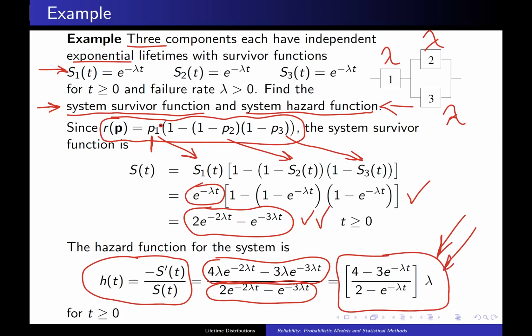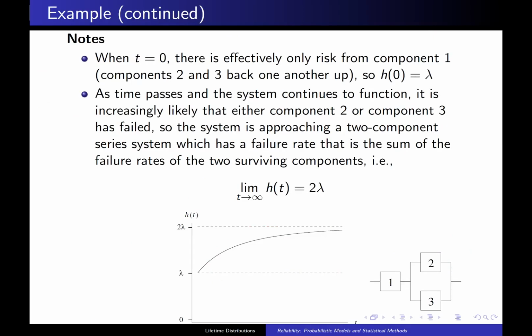But we're going to take a look at what happens at t equals 0 and at other values of t to get a feel for what's happening with this survivor function. So first of all, consider when t equals 0. When t is equal to 0, there is effectively only risk from component 1.